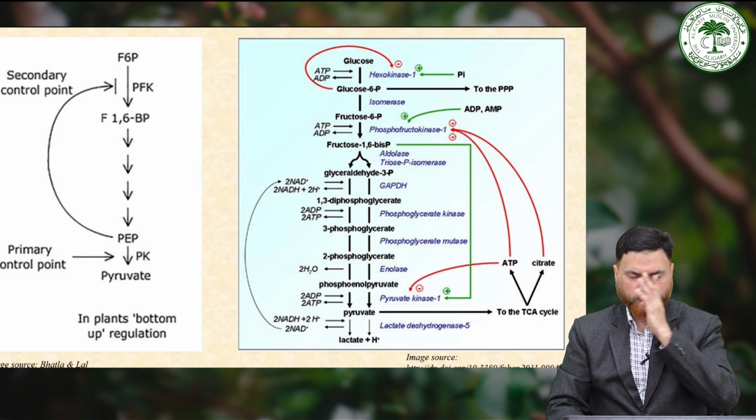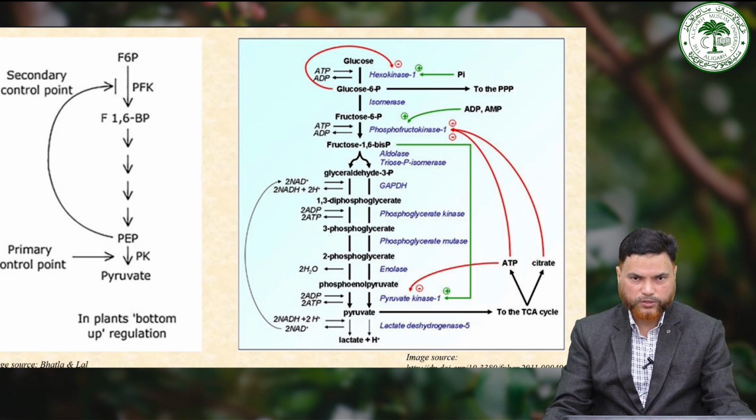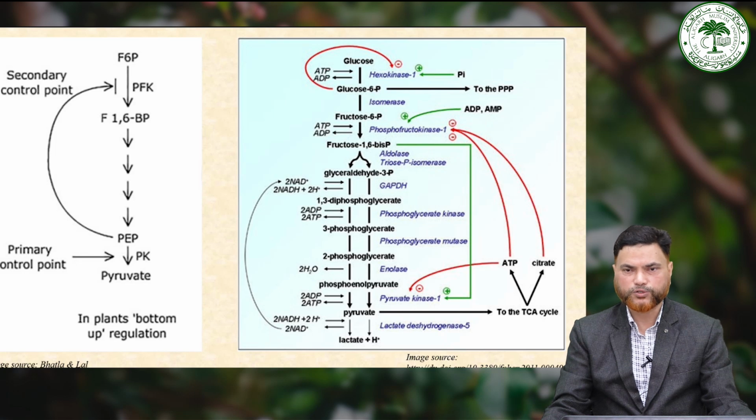In both plants and animals, a key step in glycolysis is the conversion of glucose 6-phosphate to fructose 6-phosphate. In the glycolytic pathway, the conversion of fructose 6-phosphate to fructose 1,6-bisphosphate is very crucial.